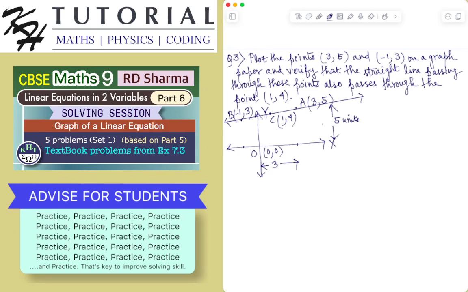For that you need to be able to form the linear equation of the graph that passes through 2 points. So I know A is the point (3, 5), B is the point (-1, 3). So I join them and I have a line. What will be the equation of that line?